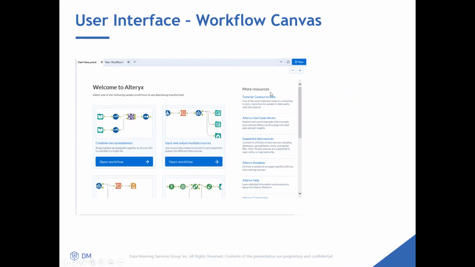This is mostly for when we are using our macros, but the main area where we actually build workflows is called the canvas. That's the main area where we build the workflows, do our analysis, and produce our output. We're going to go back and look at that in a moment.